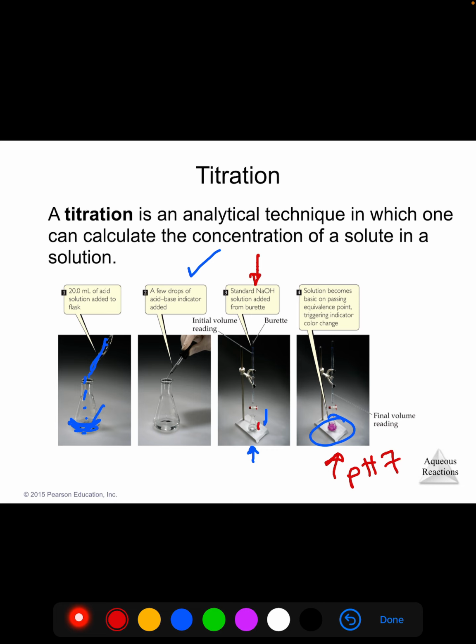You add a standard sodium hydroxide solution to your acid. You can make highly accurate standard solutions of sodium hydroxide, especially if you titrate them and standardize them. Then, from how much sodium hydroxide you added, you can tell how acidic this was.